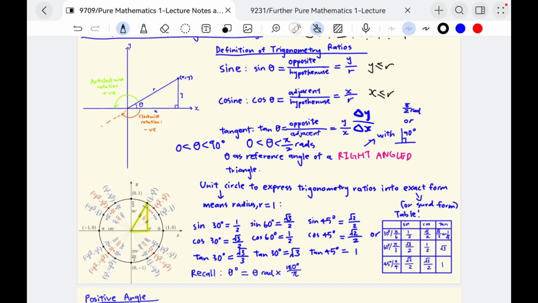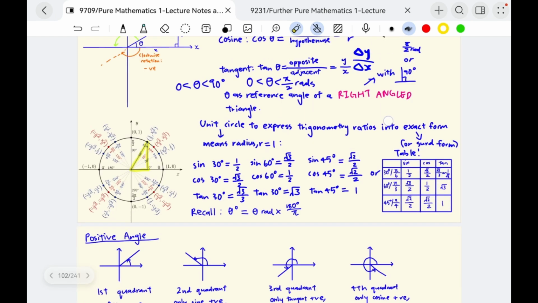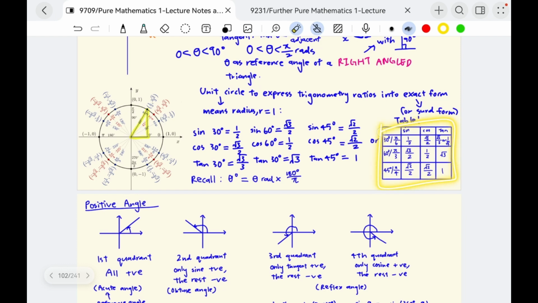So, theta is the base or reference angle of the right-angled triangle over here. Okay? Whether the angle line undergoes anticlockwise or clockwise direction. And remember that anticlockwise is taken as a positive angle whereas clockwise is taken as a negative angle. Okay? And next, some certain values come from the definitions of the unit circle of the trigonometric ratios, where for the unit circle its radius is 1, which is standardized.